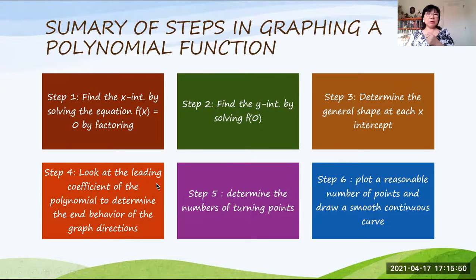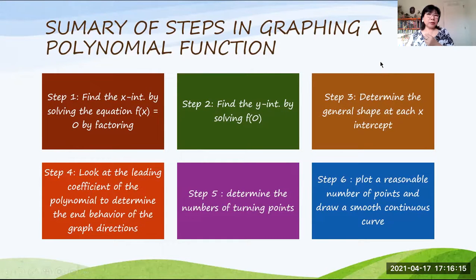Step 4, looking at the leading coefficient of the polynomial to determine the end behavior of the graph direction. Now this needs a little bit of explanation on the slide for you to see. As I mentioned, the graph of a polynomial has 4 quadrants, right? Quadrant 1, quadrant 2, quadrant 3, and quadrant 4. So we have to know where we start our pen.